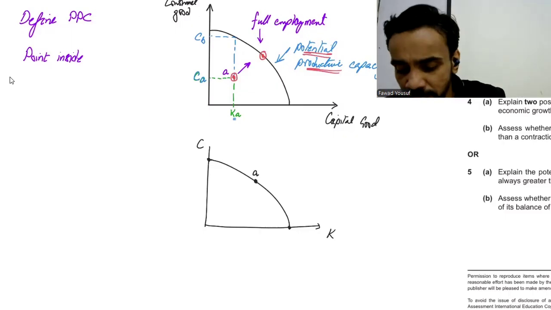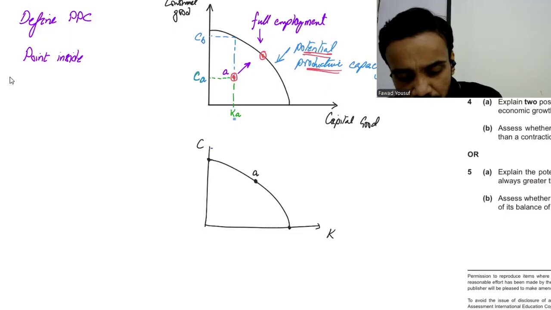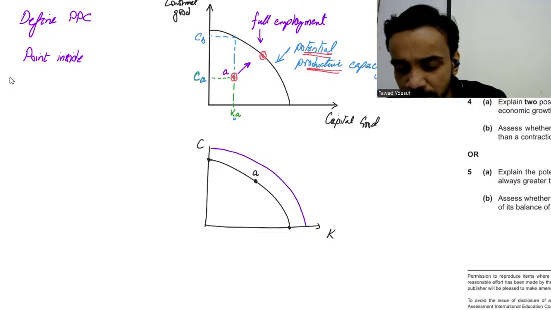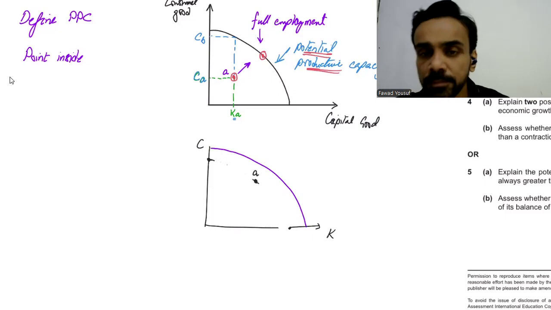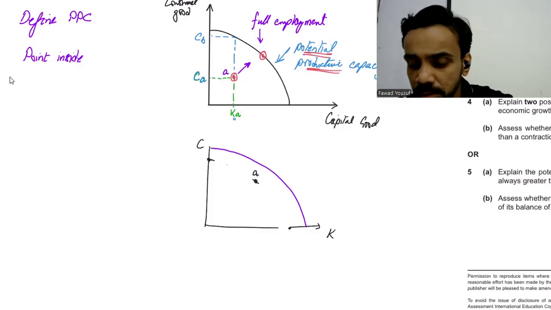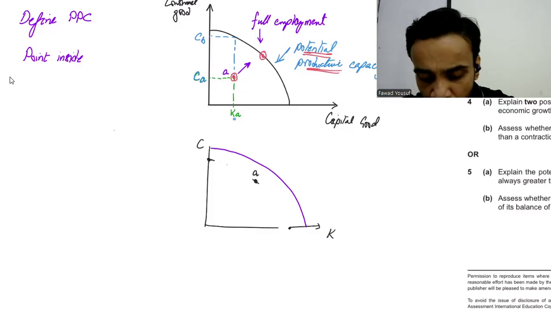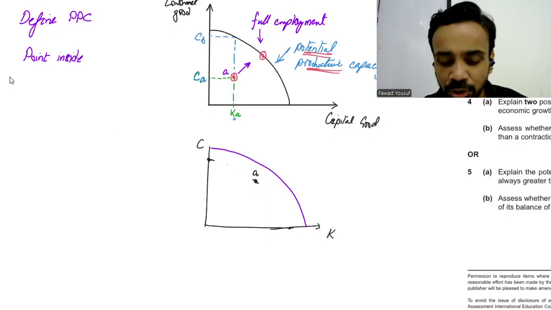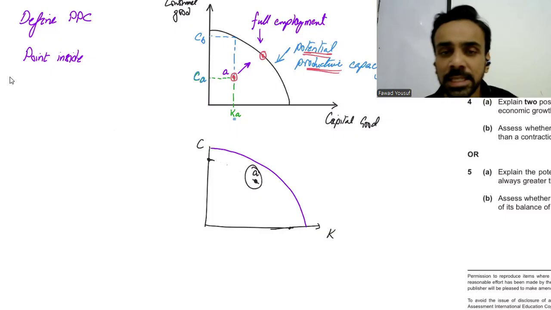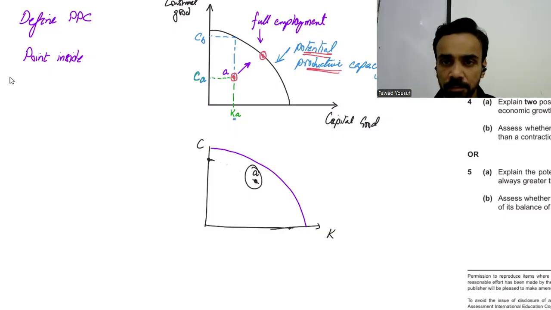Well, there is a good chance that if you've invested in capital goods enough, the PPC might actually jump out and your original PPC curve might not exist anymore, right? The original does not exist anymore, and the economy may, your potential has increased, and you've gone back inside now.